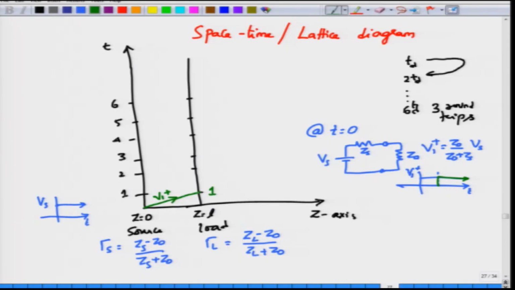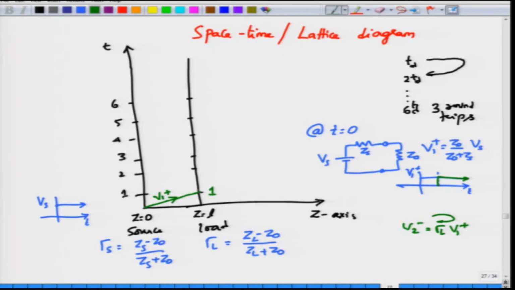Now it reaches here, but as we have seen, a voltage coming through a transmission line of characteristic impedance Z0 terminated in a load ZL will see a reflected voltage of amplitude V2 minus, which is given by gamma L V1 plus. You know V1 plus from this diagram, and you know gamma L written directly below that.